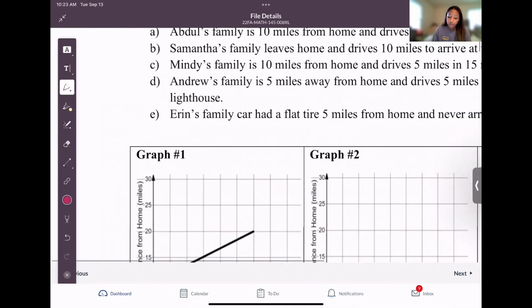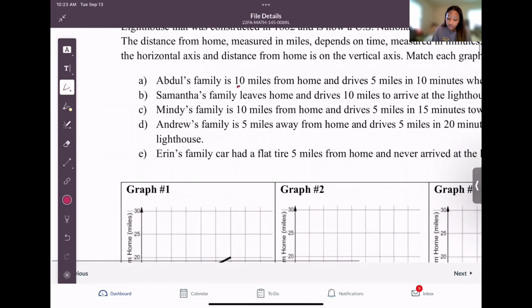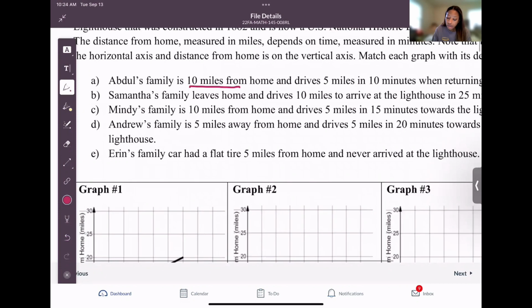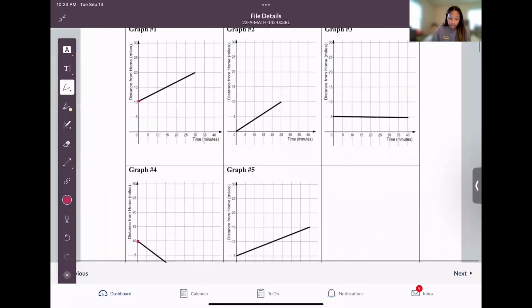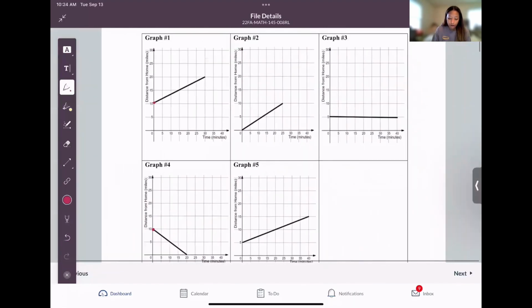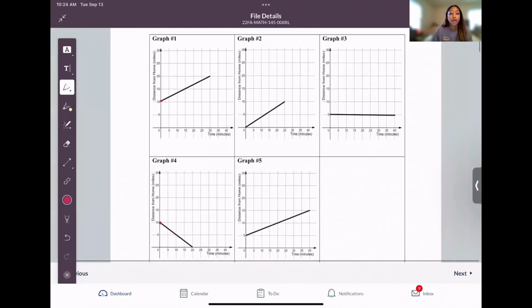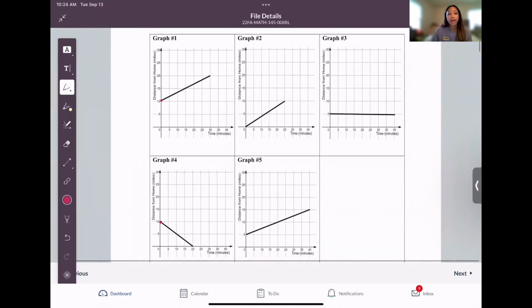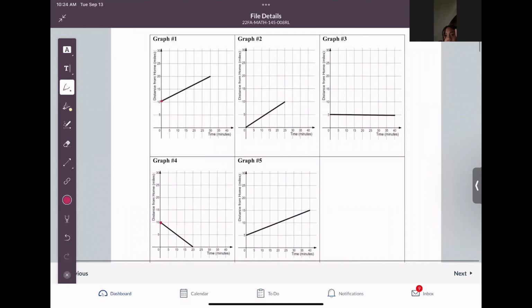What else are we told? We are told that he's 10 miles from home, check, and he drives 5 miles in 10 minutes when returning home. So between graphs 1 and 4, which one do you think would match up with part A in Abdul's situation? It would be graph 4. Graph 1 is going further away from home, so that wouldn't work.